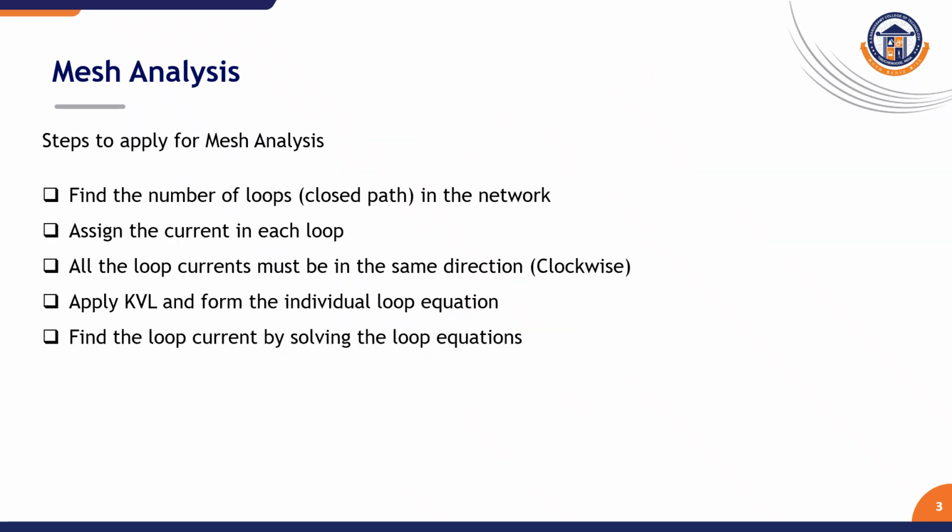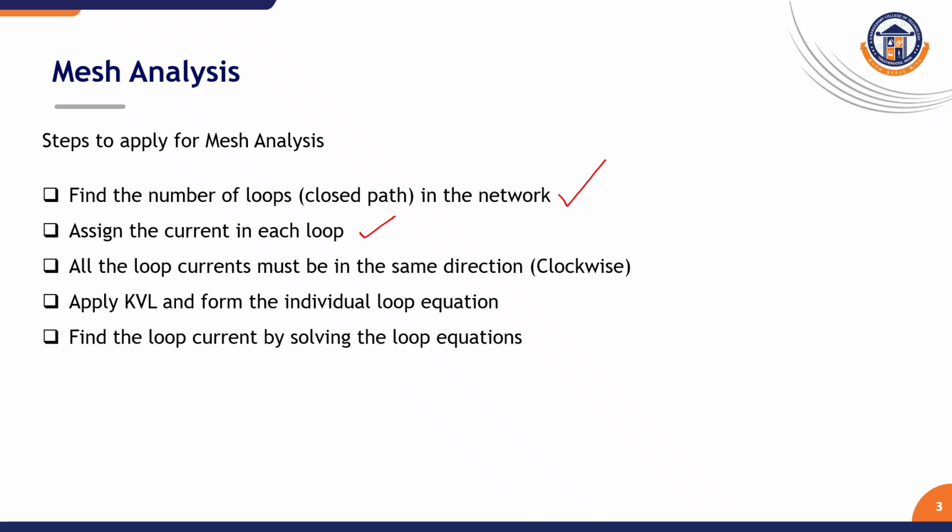So here are the procedures or steps to be followed to analyze the mesh, right? First of all, in the given circuit, you need to identify how many closed paths there are. After that, I'm going to assign a loop current for each individual closed path.